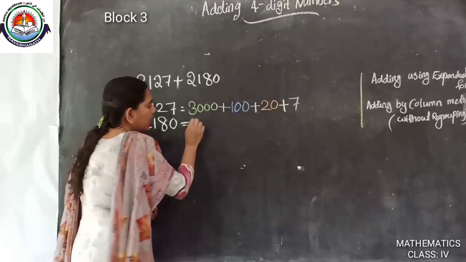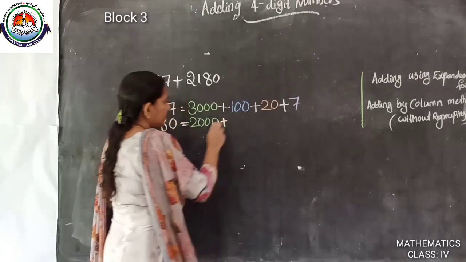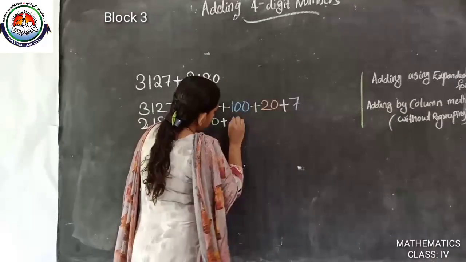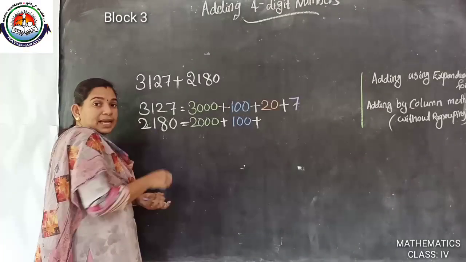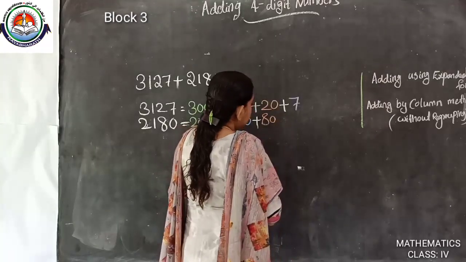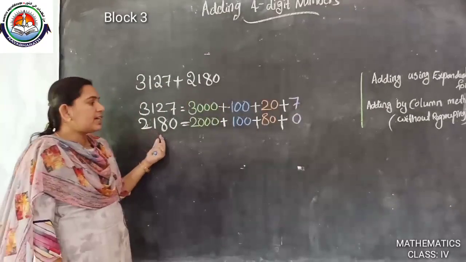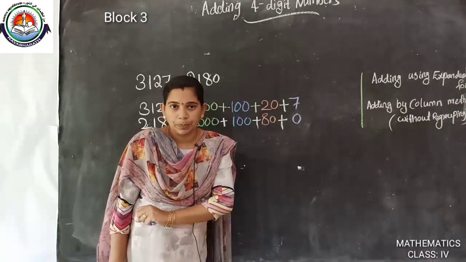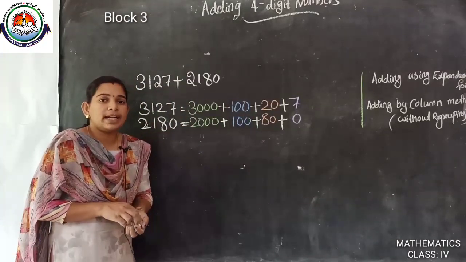First, yes, very good, 2000, then 100, then 80, plus 0. 2180 we can expand as 2000 plus 100 plus 80 plus 0. Okay. Then we add these two numbers using expanded form.